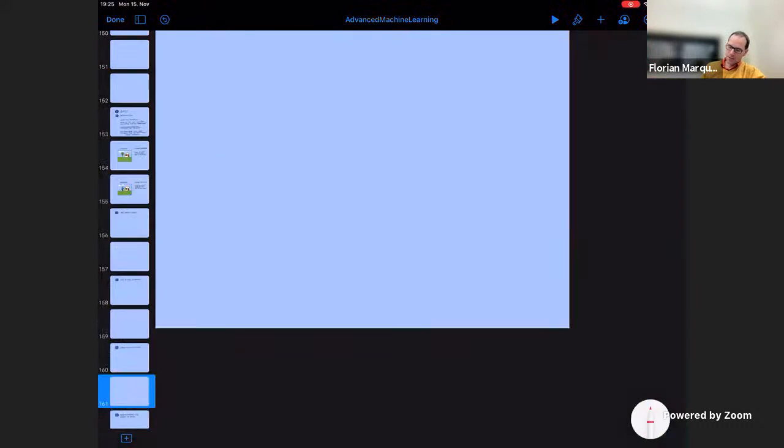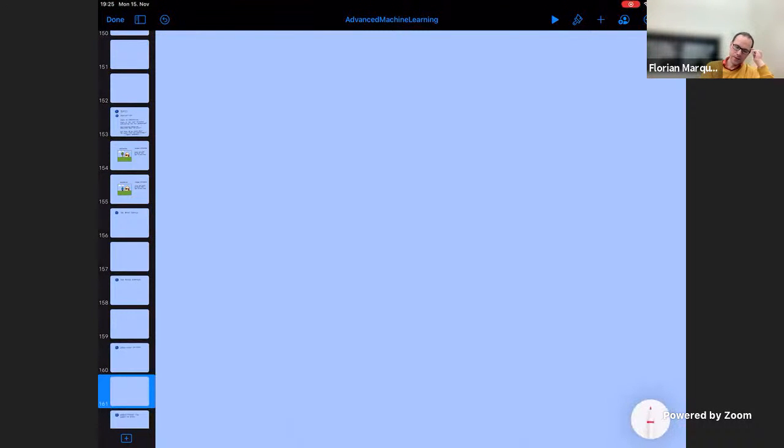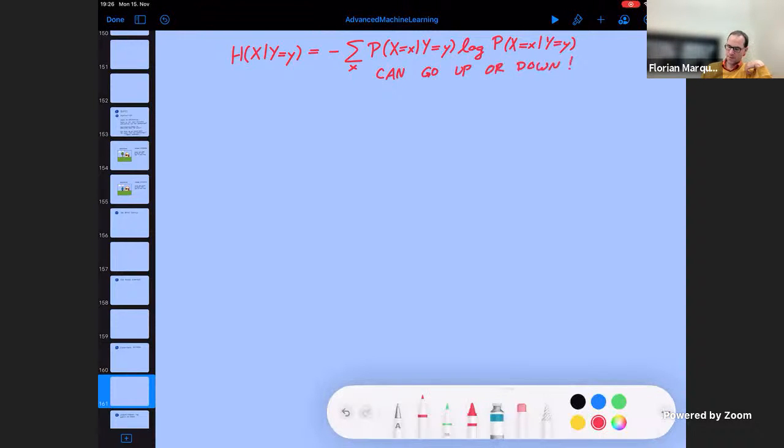And so what this means in particular is that if I define conditional entropy conditioned on a particular value, which I might do of this form where I just take conditional probabilities and that's it, then there is no guarantee. Okay, so that's the first important remark.